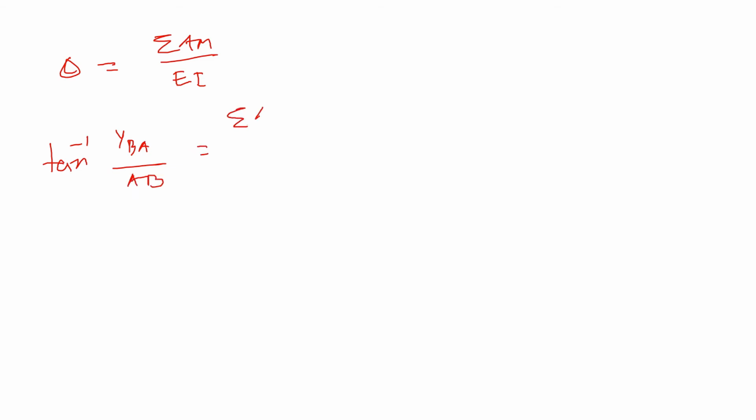So we can calculate theta from the first area moment equation, which is summation of whole area up to that point divided by EI. So that is one. And also we can do tan inverse YBA divided by just AB is equal to summation of whole area divided by EI.